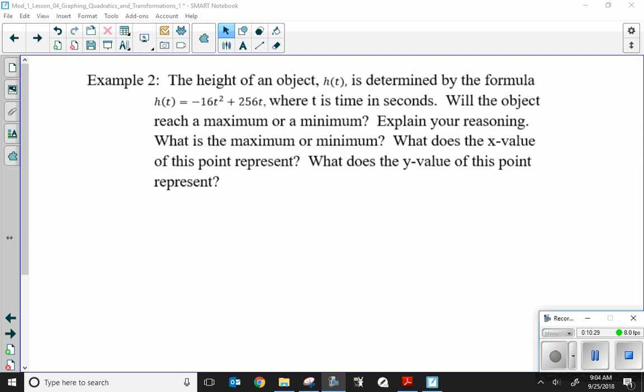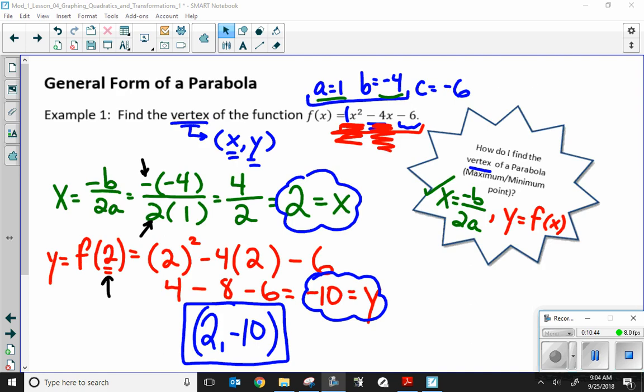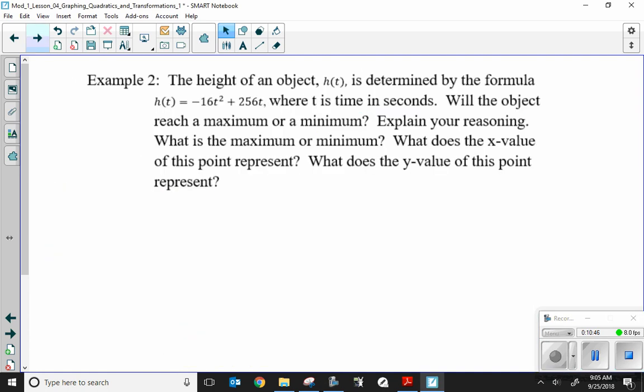All right, so they're going to give us a word problem and essentially ask us the same thing, the vertex, and then we're going to find other information along the way. All right? So example 2 says, the height of an object, which we will call h of t, is determined by the formula h of t equals negative 16t squared plus 256t, where t is time in seconds.